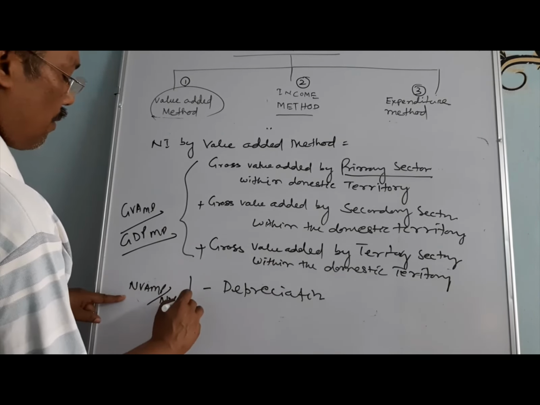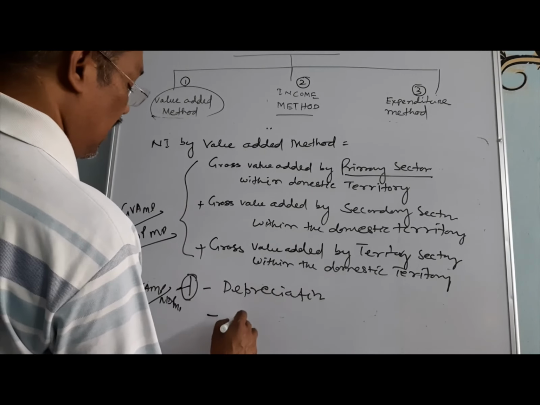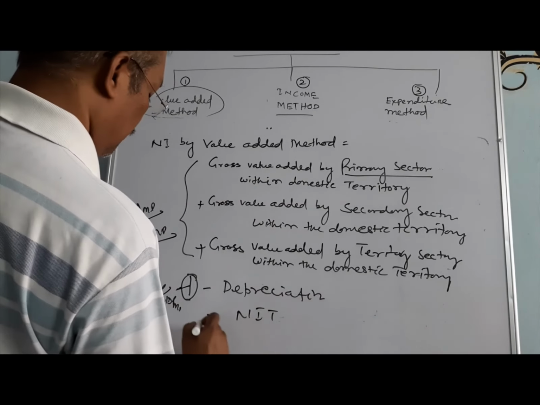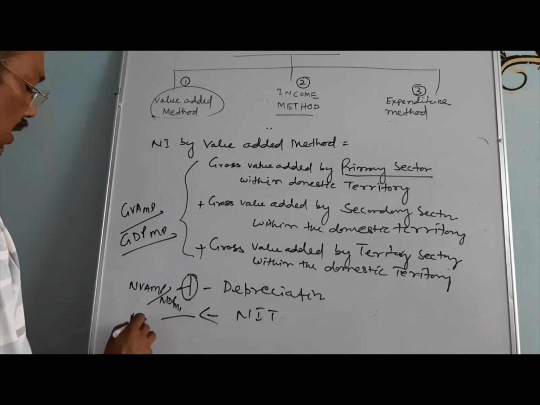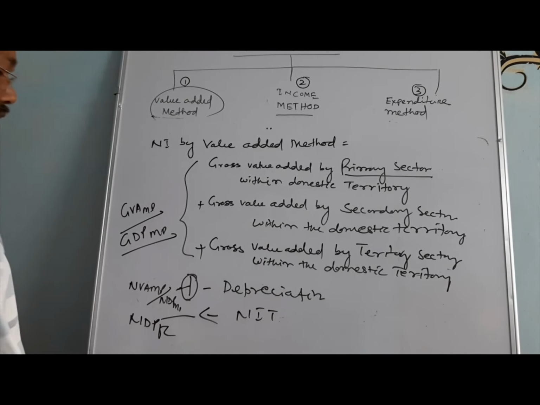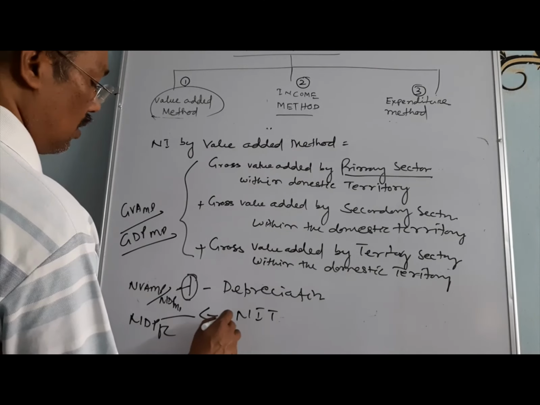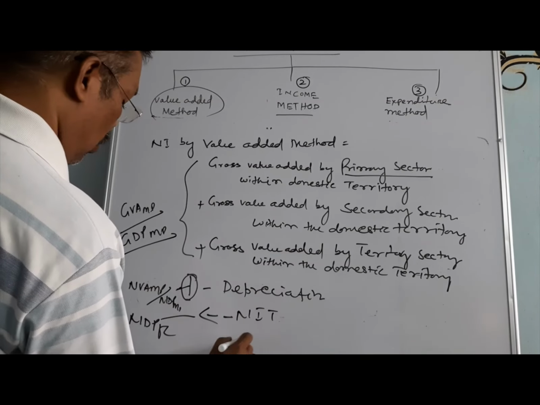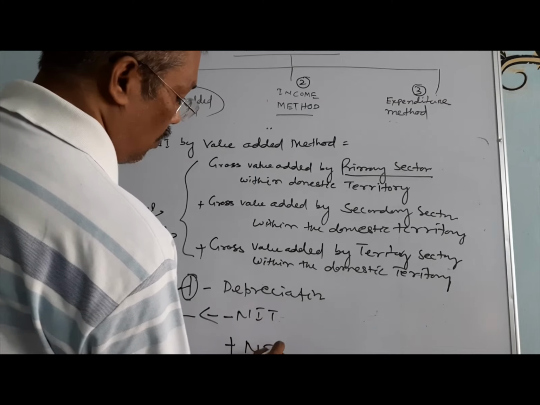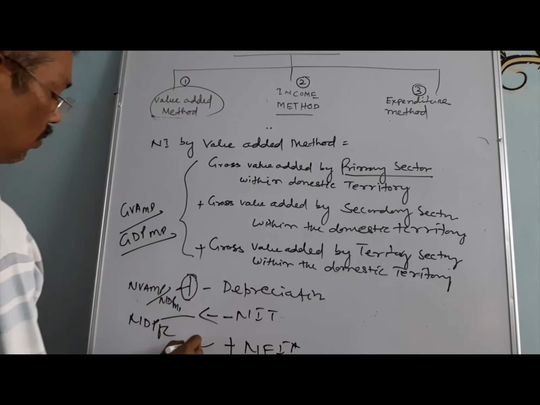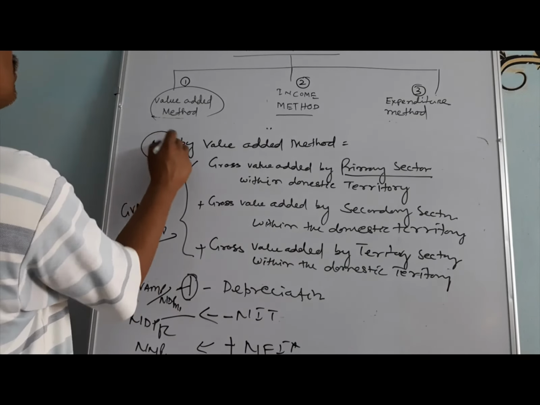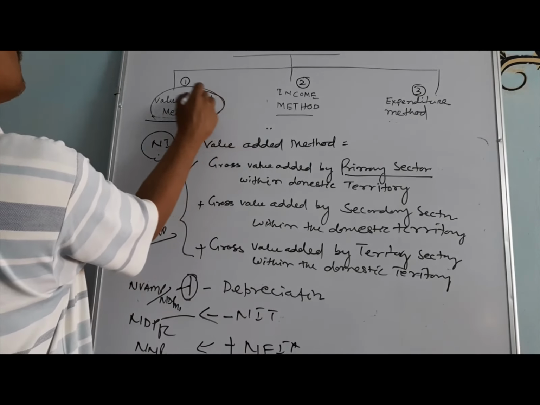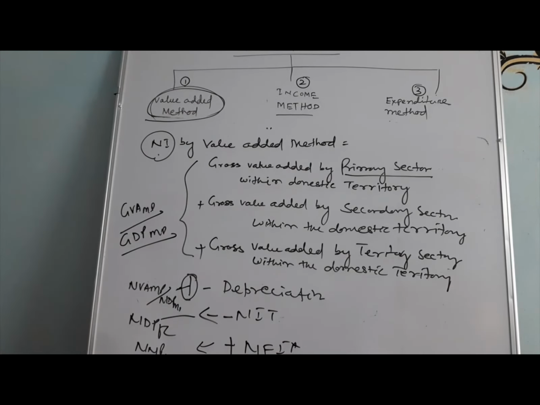Next, minus net indirect taxes, then we get NDP at factor cost. Next, plus net factor income from abroad, we get NNP at factor cost, which is called the national income. That is the value added method of national income.